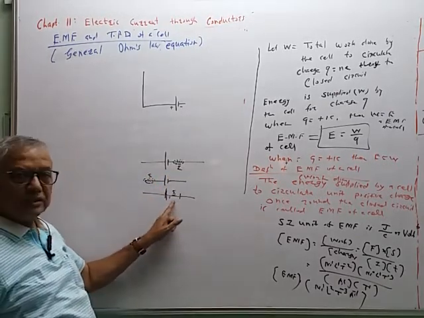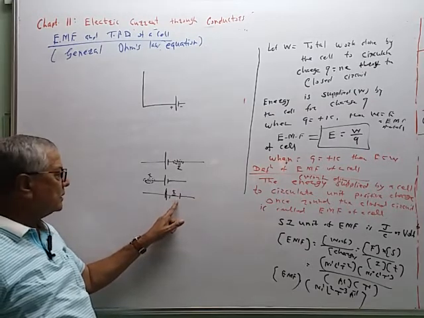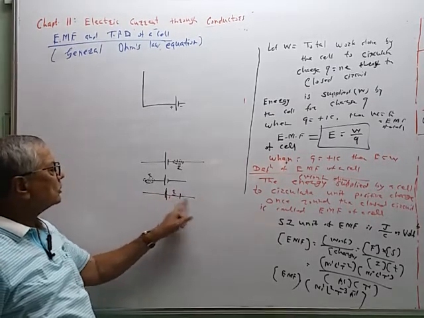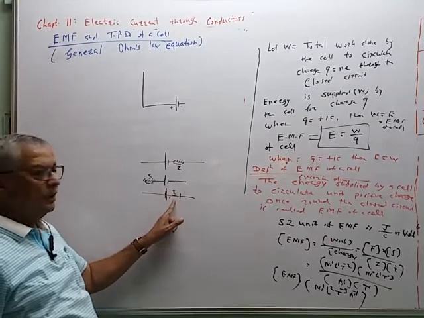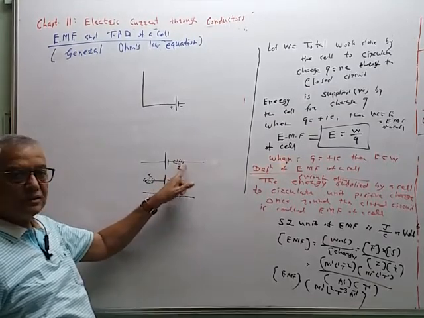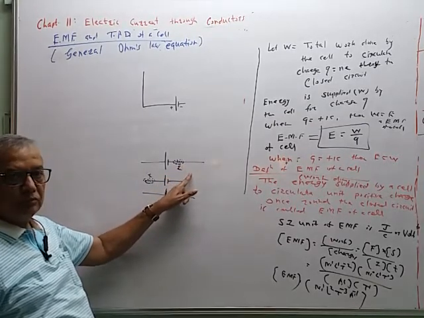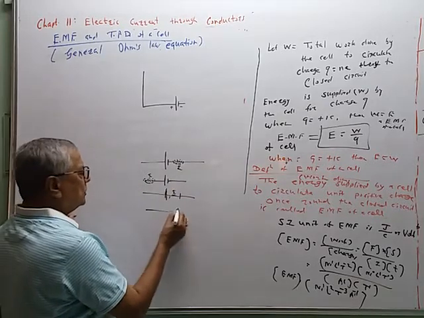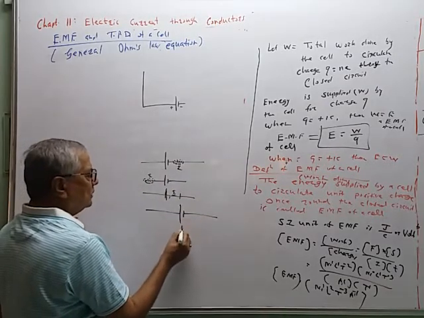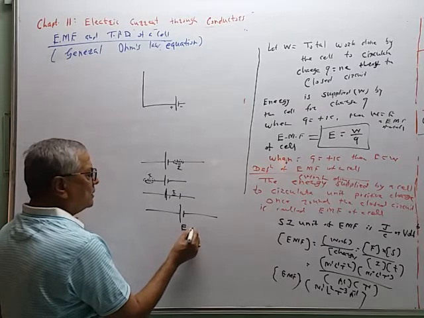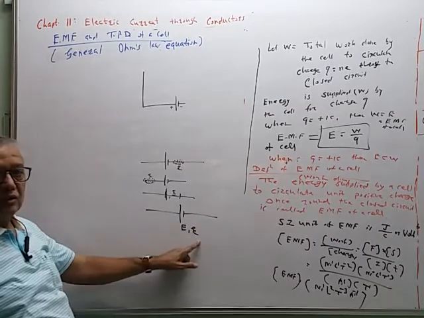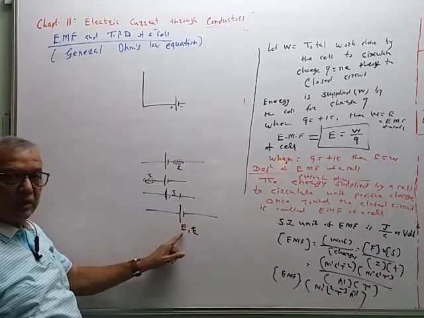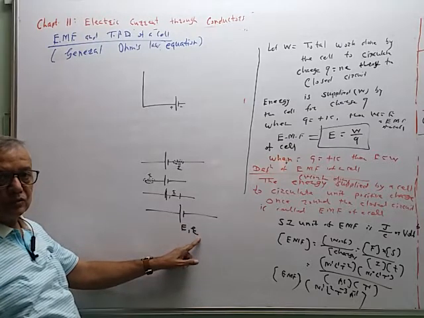In some old books, this type of notation is also used. r is the internal resistance between the positive and negative terminal of the cell. Nowadays, generally we are using this type of symbol. Or in some books, in some circuits, the internal resistance is also shown like this. Only instead of this symbol, you have to write E for EMF, r for internal resistance.